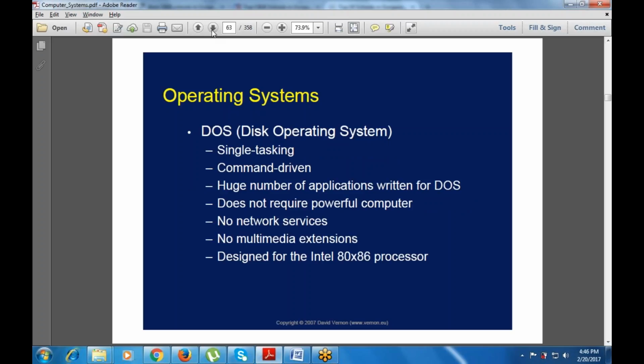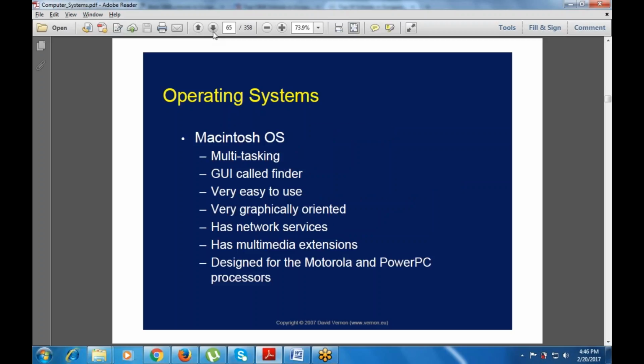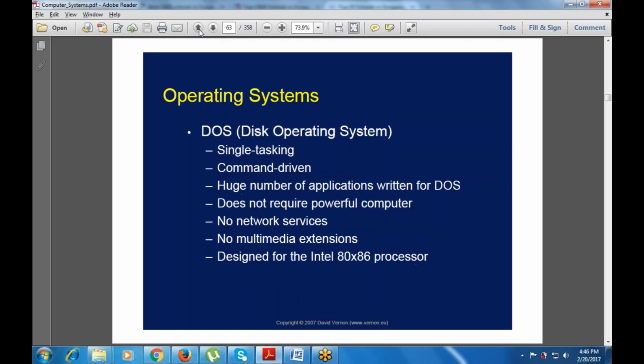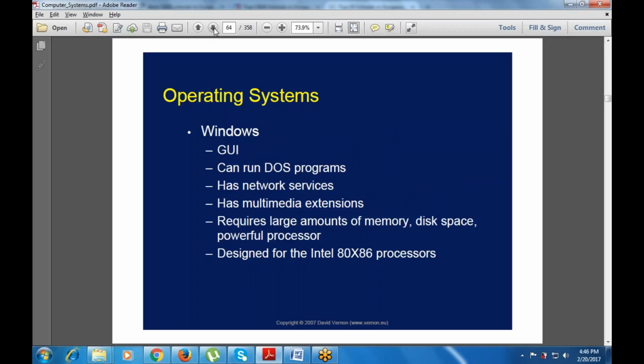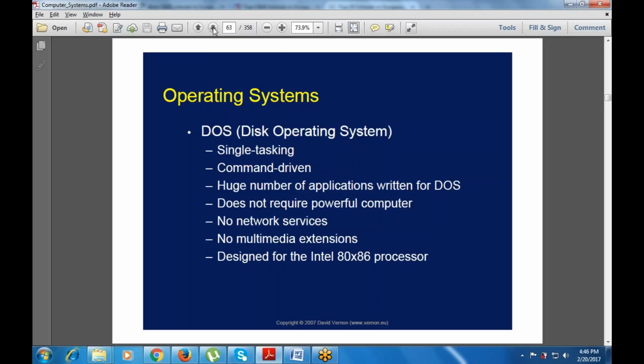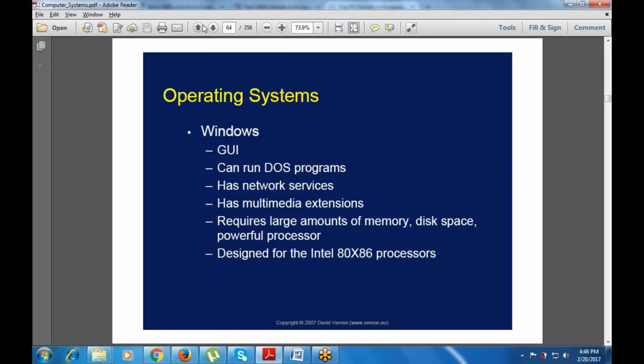The next one is DOS, that is single tasking, command driven, with a huge number of applications written for DOS. It does not require a powerful computer, no network devices, no network services, no multimedia extensions, designed for the Intel 80x86 processor. The next one is Macintosh, that is multitasking.